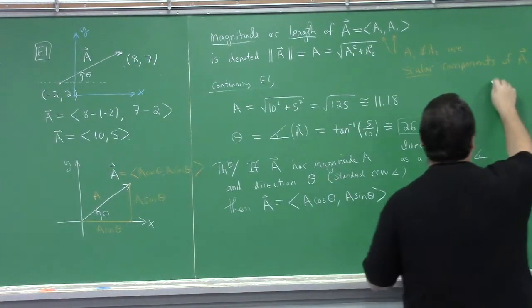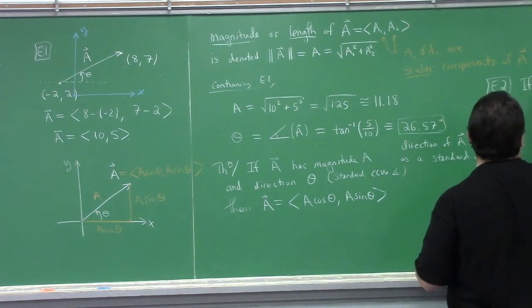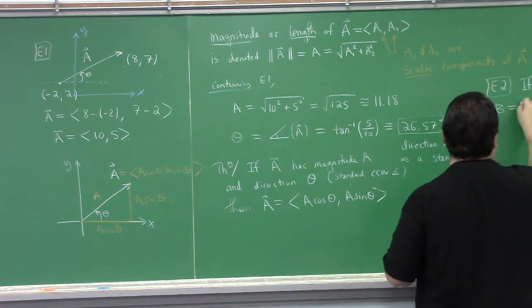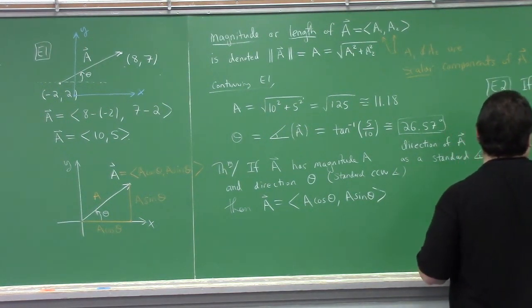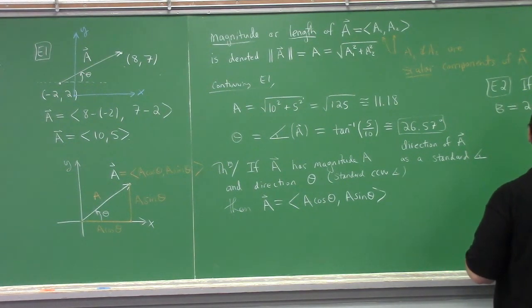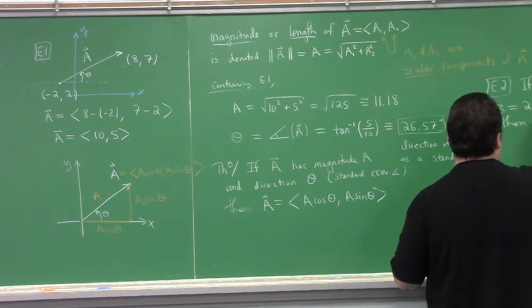So example 2, right? If B has magnitude B equals 2 and theta equals 135 degrees, then what is B?